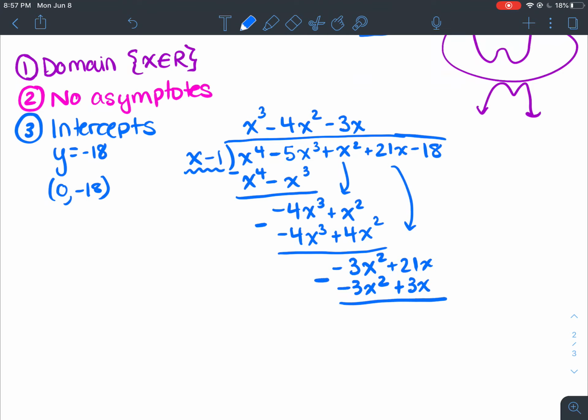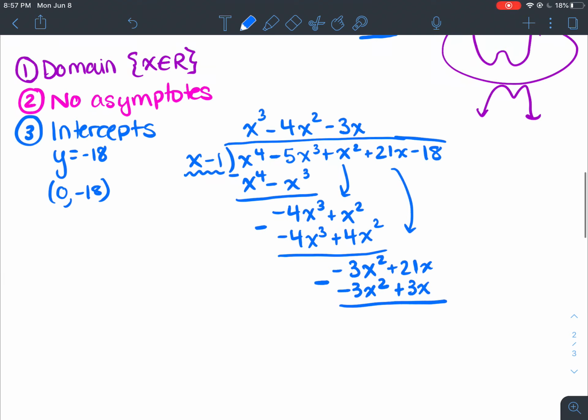Every time you subtract, your first terms in each expression should go away, which they do. So then 21 minus 3 is 18x. And then we bring down our final number, -18. And that goes in positive 18 times, leaving us with 0 remainder.